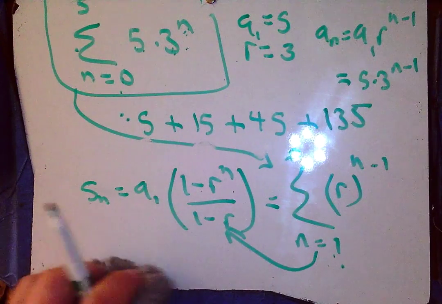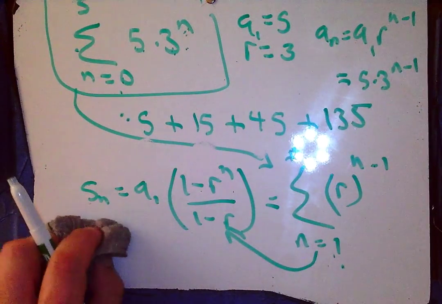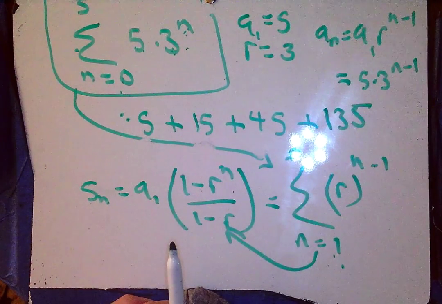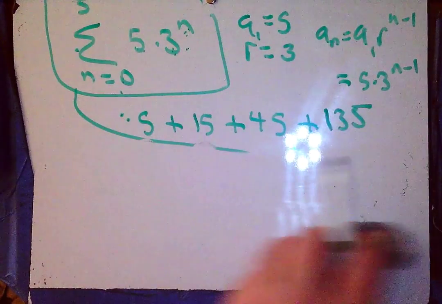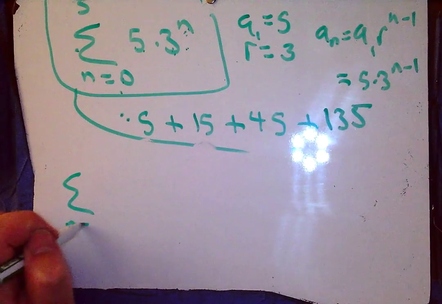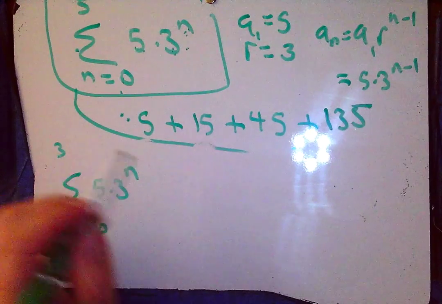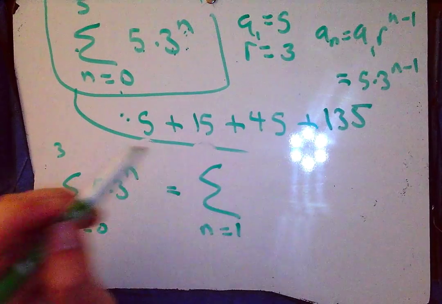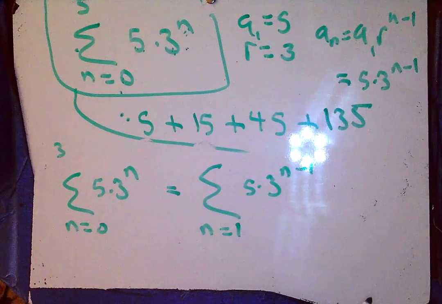So what I'm going to say here is that when I'm given 5 times 3 to the n, that's going to be the same as the sum from n equals 1 of 5 times 3 to the n minus 1.